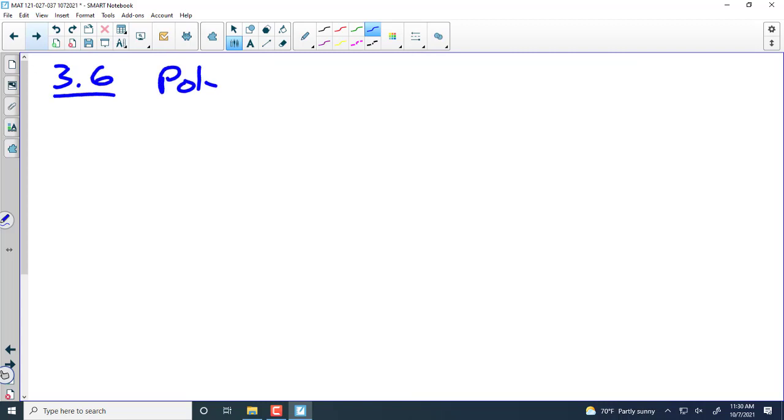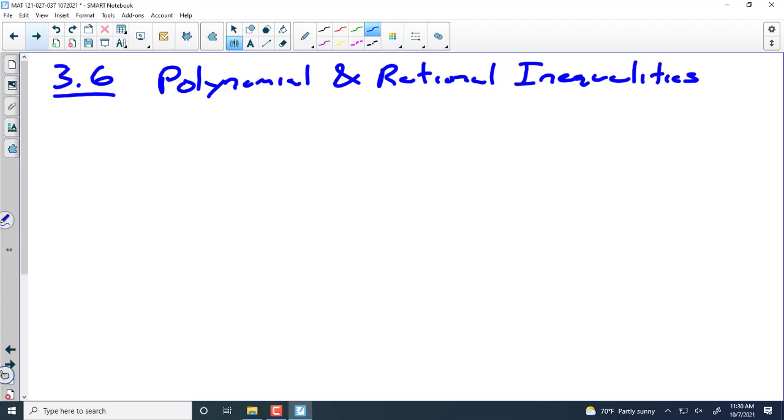Which is all about polynomial and rational inequalities, which sounds awfully wordy and complicated, but really what we're doing in this section is this.